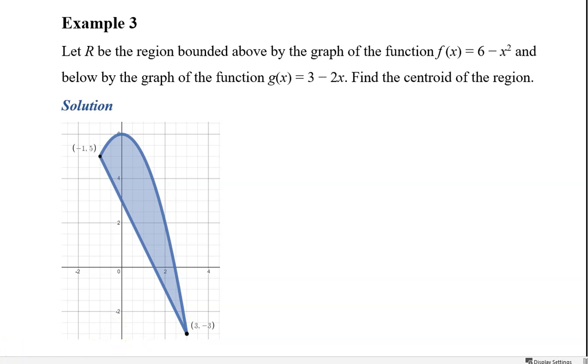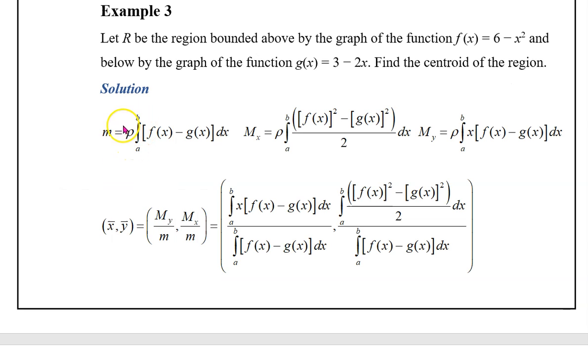Let's now write down our formulas and compute the centroid of the region. Since rho is a constant, it will factor out and cancel. The moment in the y direction is given by rho times x times the difference between f of x and g of x. The rho will cancel out, so we get x times f of x minus g of x for the numerator, and f of x minus g of x for the denominator, since again, for the mass, the rho canceled.